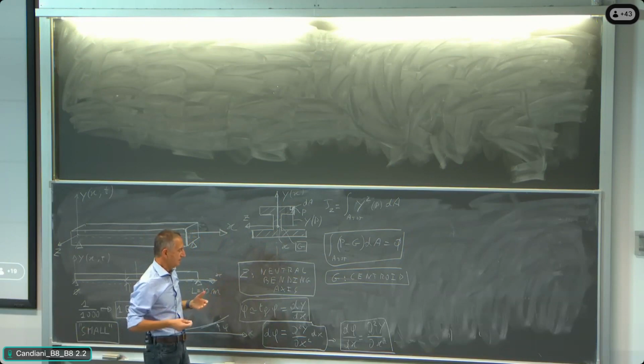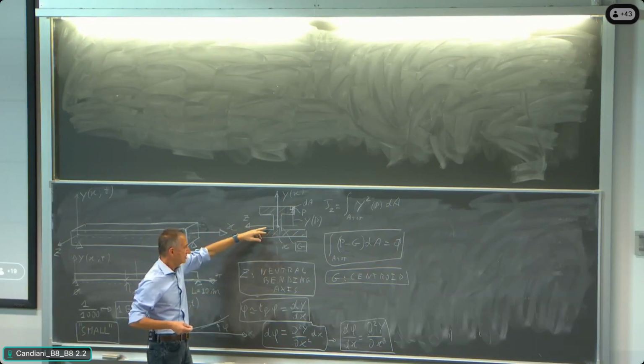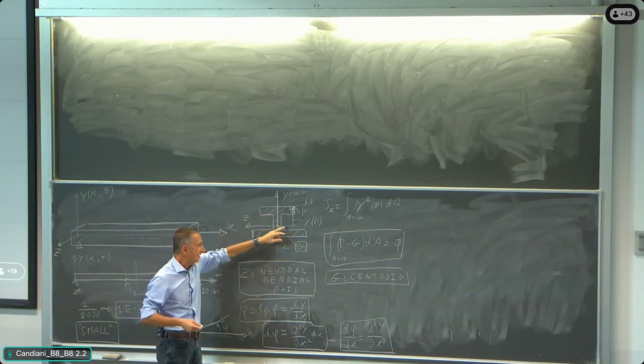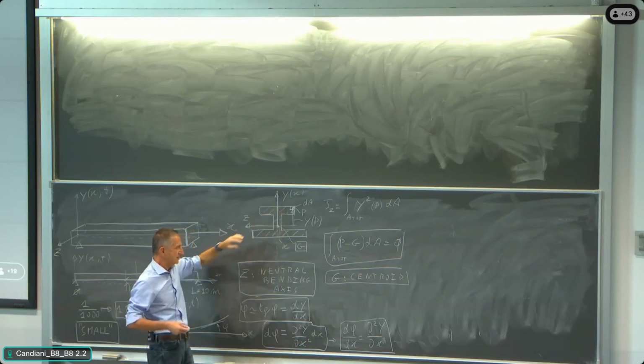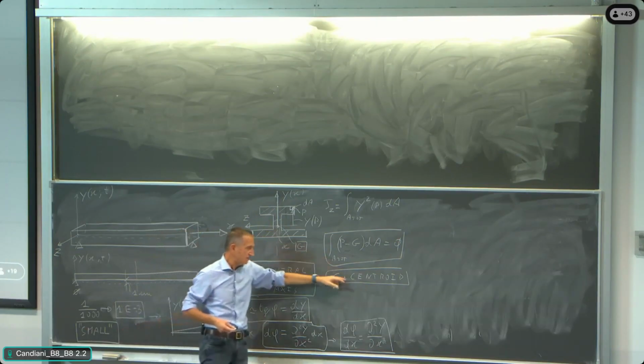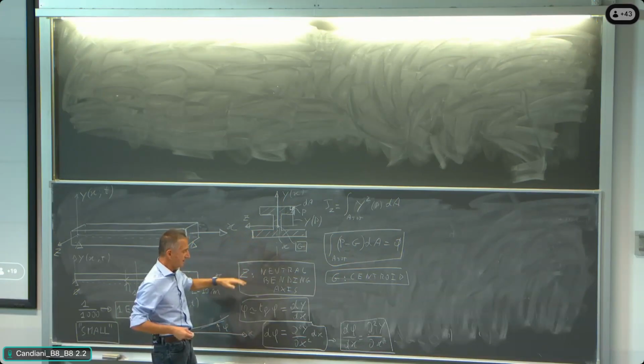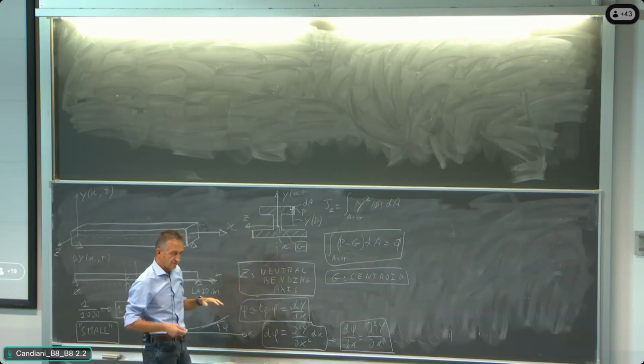So we are supposing that the bending of this beam is happening with the neutral axis, that is the z-axis. We are supposing that all of that is working with an x, y, z system of reference centered in the centroid of the section, and the axis z is the neutral bending axis of the beam.